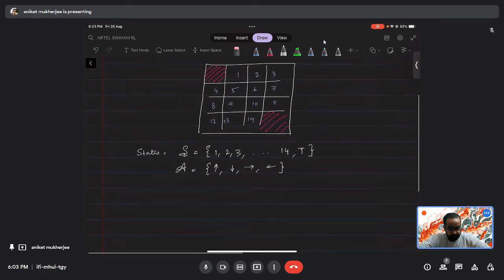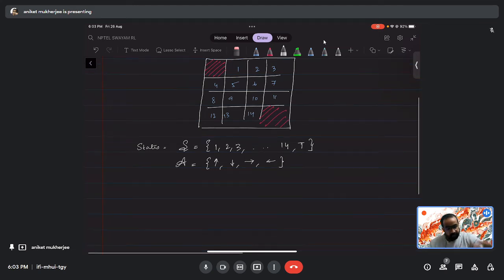So this is done. I want to mathematize all this. Say you're in state 11 and if you take action left or right, then you end back in the same state. Is that fine? So that I don't leave the grid world.